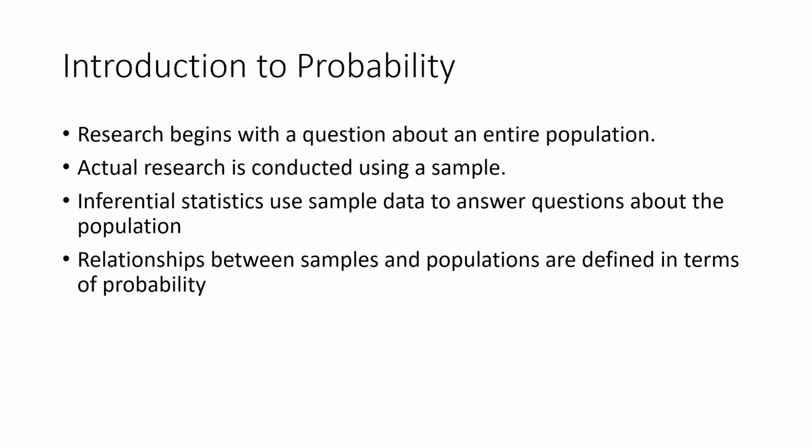Inferential statistics use sample data to answer questions about the population. But in order to do that, we have to establish the relationship between the samples and the populations. And this relationship is defined in terms of probability.